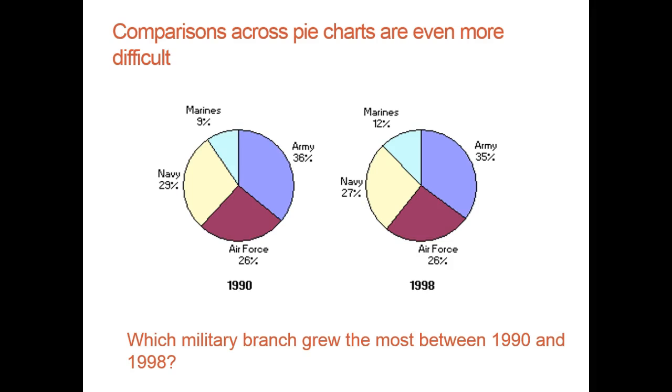Edward Tufte, who is the big name in data visualization, that's T-U-F-T-E, says the only thing that's worse than one pie chart is two of them. And if you want someone to make comparisons across things, like which military branch grew the most, this is very hard to do with a pie chart.